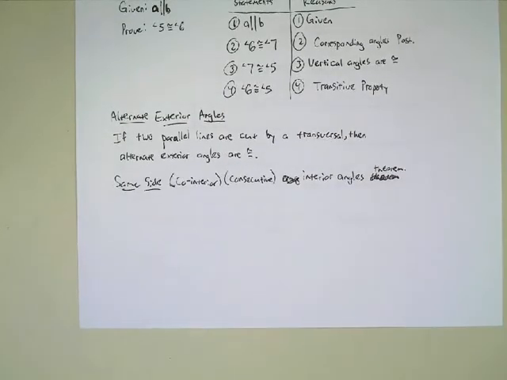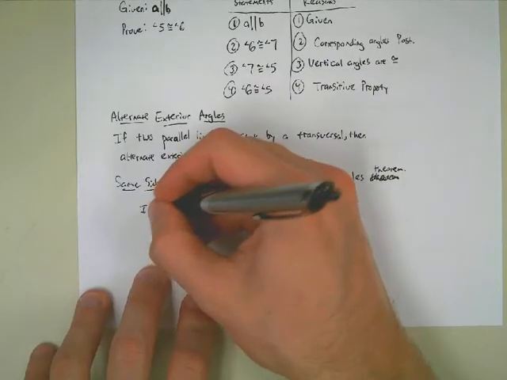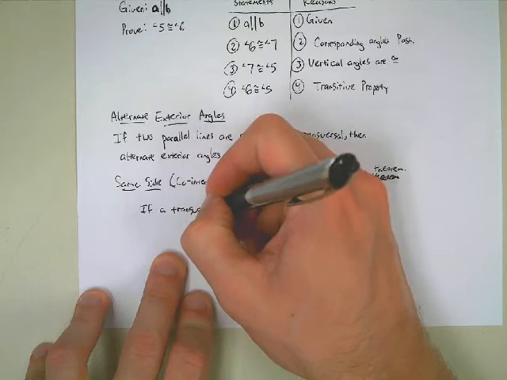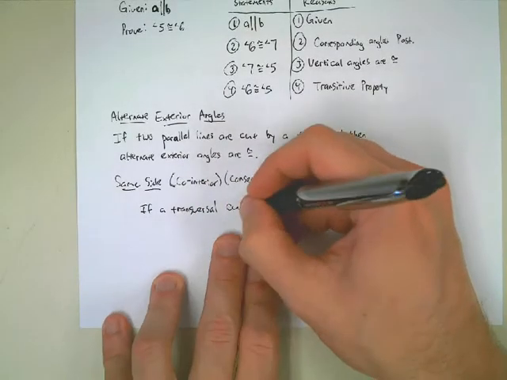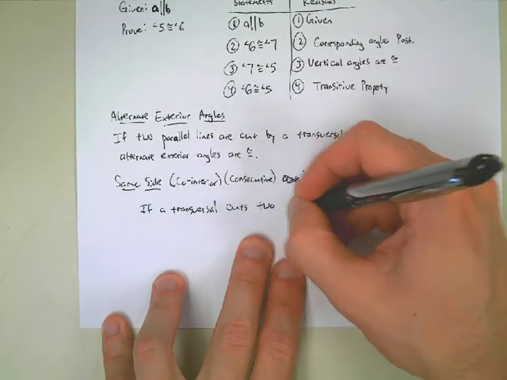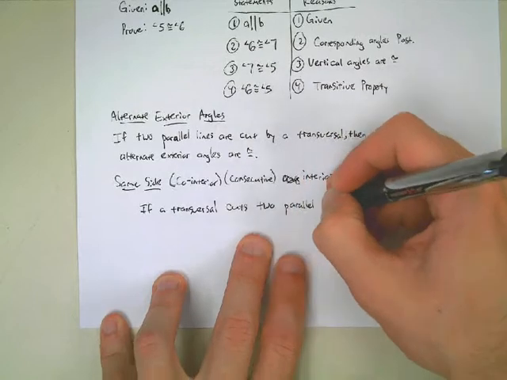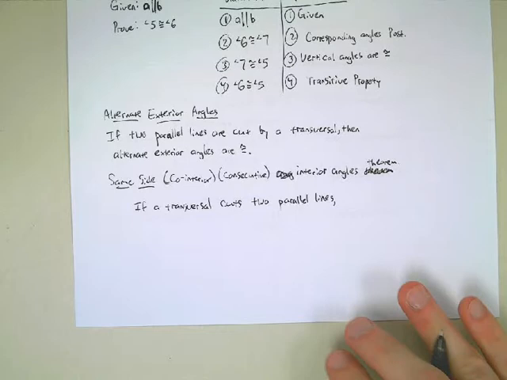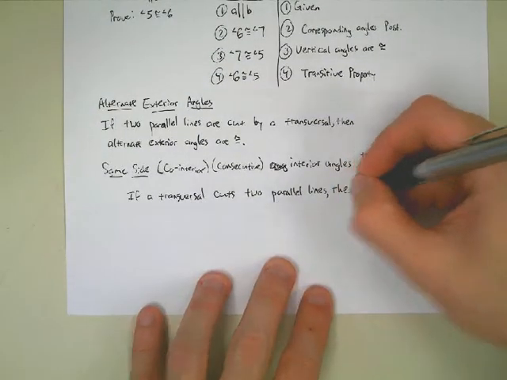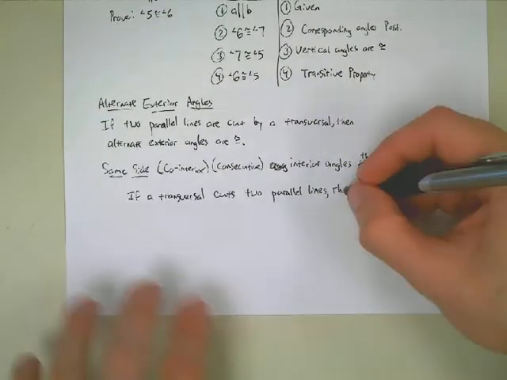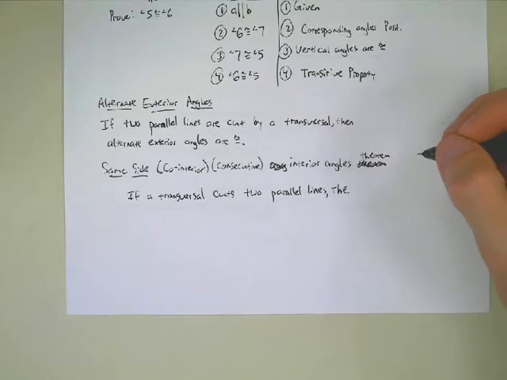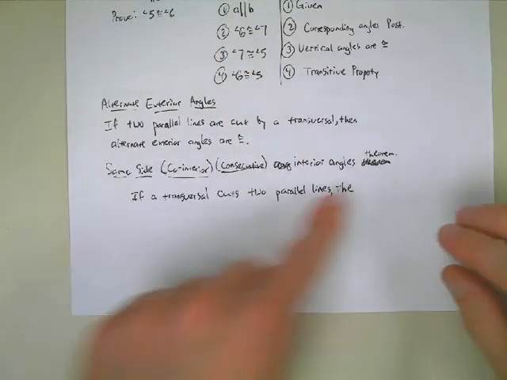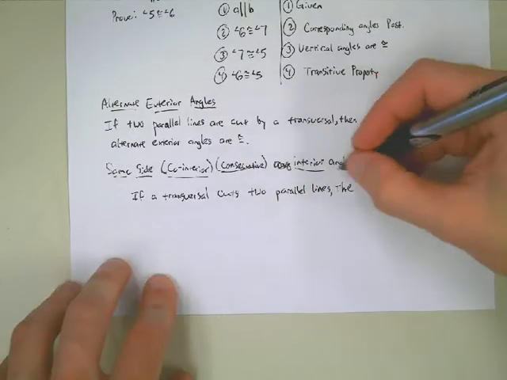So again, if a transversal cuts two parallel lines, then what can we say? If a transversal cuts two parallel lines, then the same side interior, or co-interior, or consecutive interior angles are supplementary.